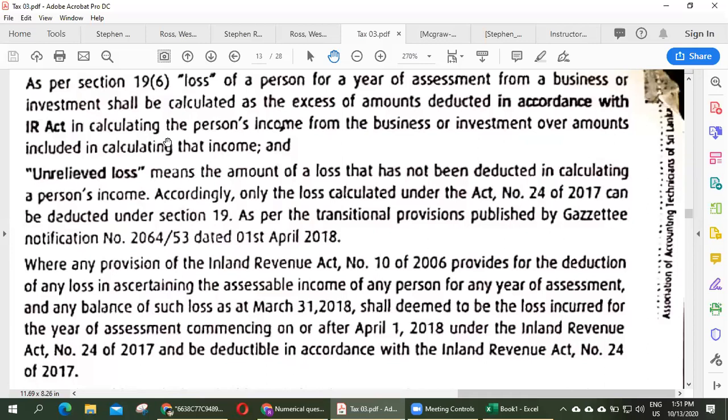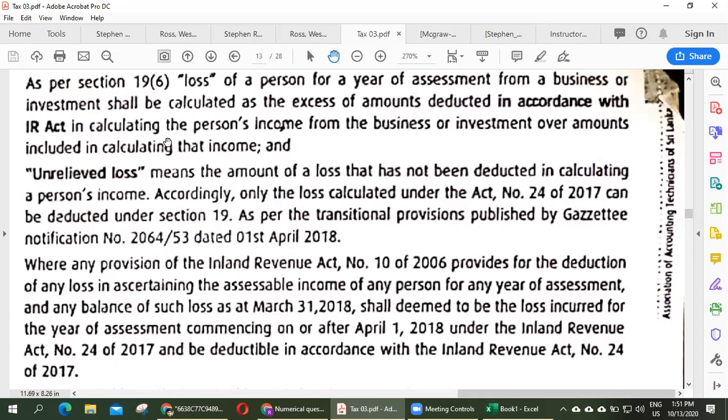From 2018 onwards, the new act comes, so the provisions of the previous act are different from the current act. Therefore taxpayers expect some mismatches between the old law and the new law. To solve these kinds of mismatches, such provisions are announced from time to time.